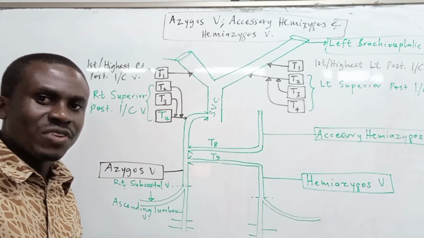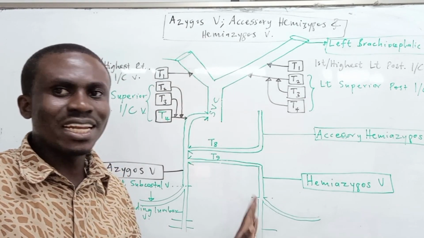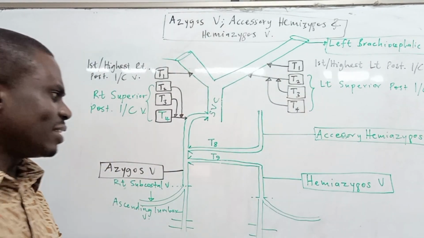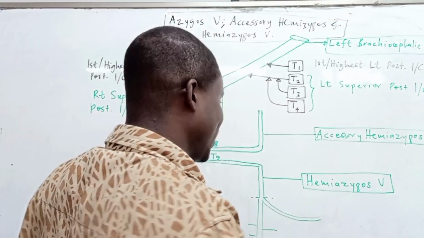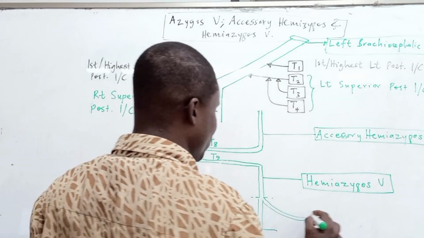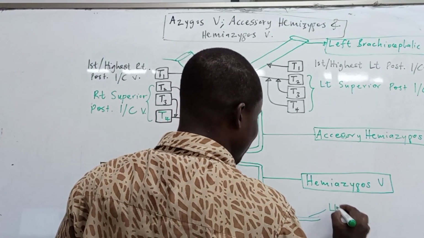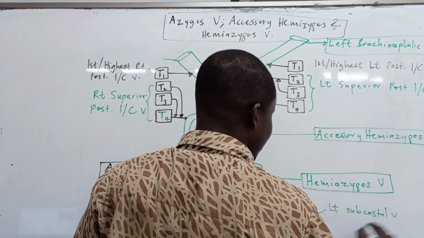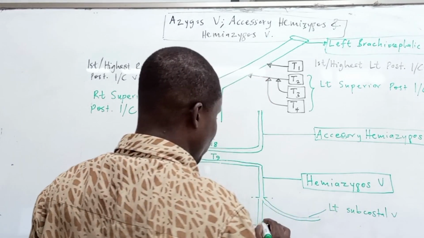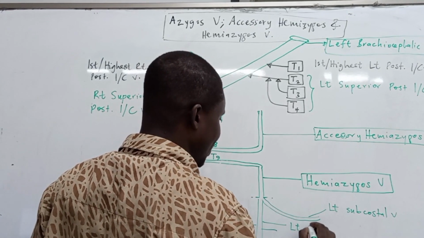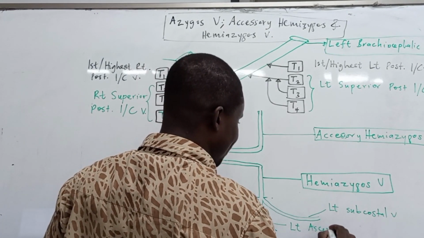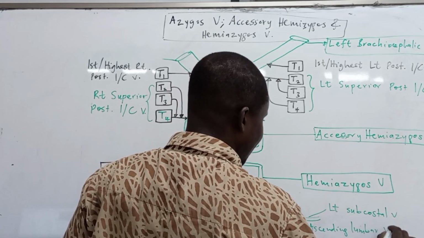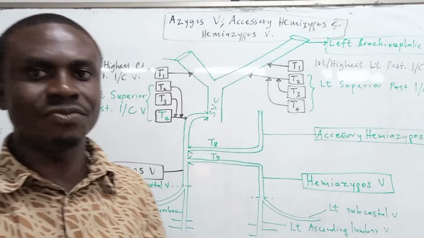When they receive them, they move upwards, and that's why we call it the ascending lumbar vein. The same way on the left, the hemiazygos vein will be formed by the left subcostal vein and the left ascending lumbar vein.